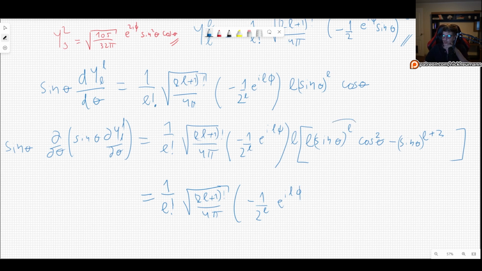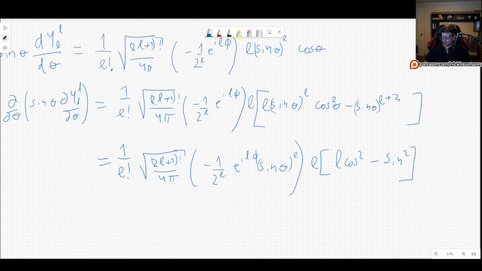And notice that we can factor out sine theta to the L here. So we can just put it back in here, sine theta to the Lth power. And then we have L times (cosine squared minus sine squared). Of course, this is cosine of theta and sine of theta.